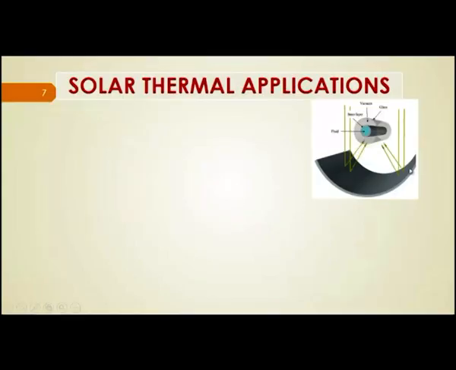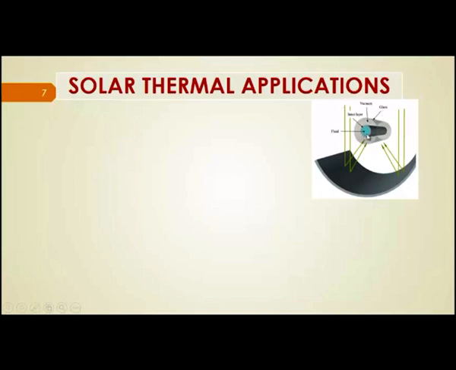If we see the solar thermal application, the concentrator is like this, and the sun rays are incident on the reflector and reflected such that all the rays are focused towards the center. At the center, we have a tube covered with glass, vacuum and other layers.